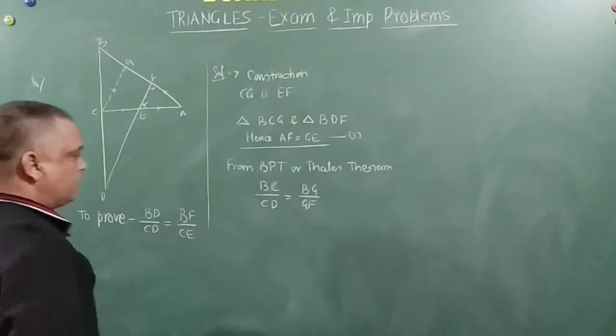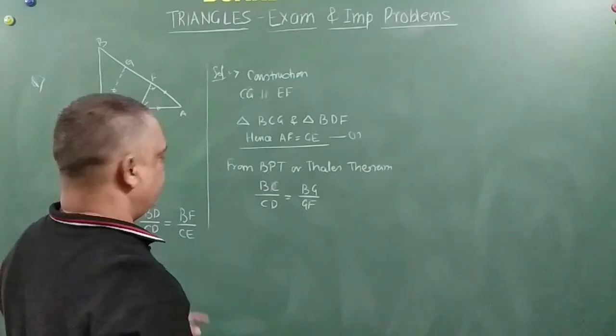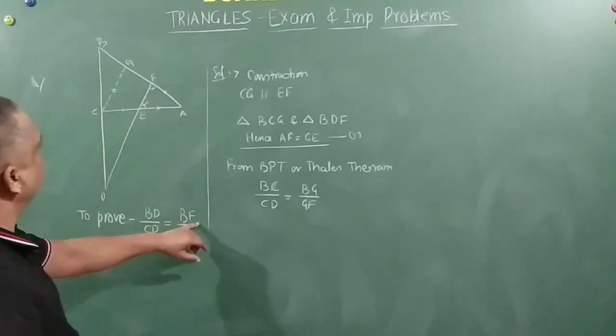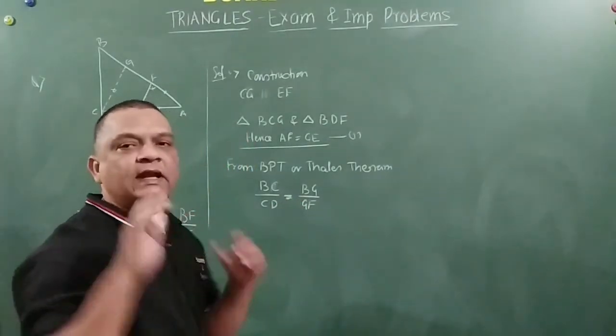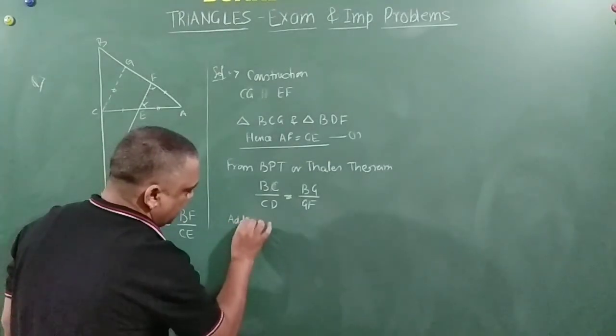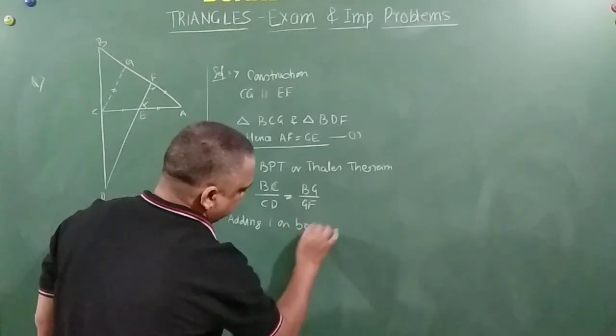Now, whatever is required, BF is required. So, friends, in this I will add 1 to both the sides. Adding 1 on both sides.